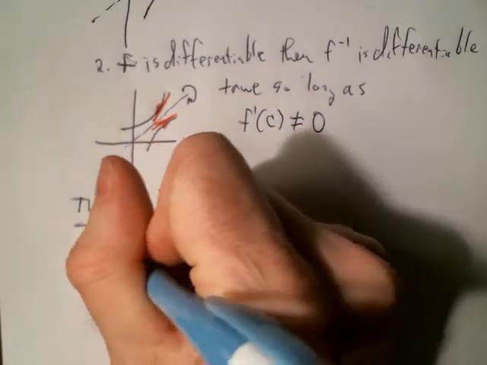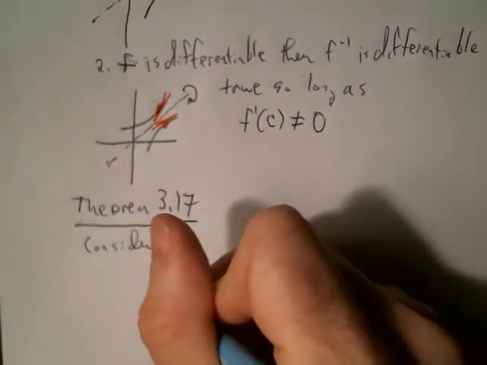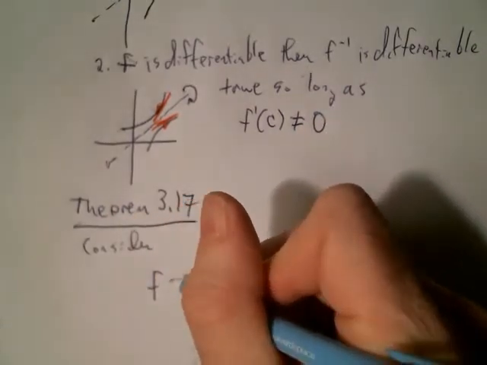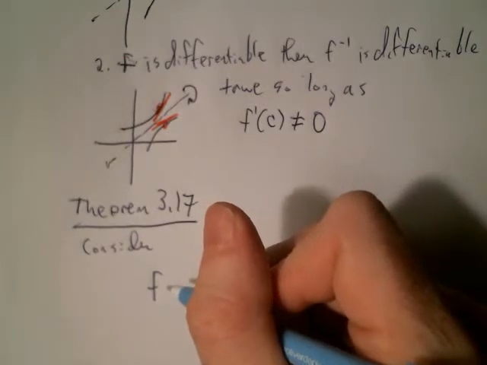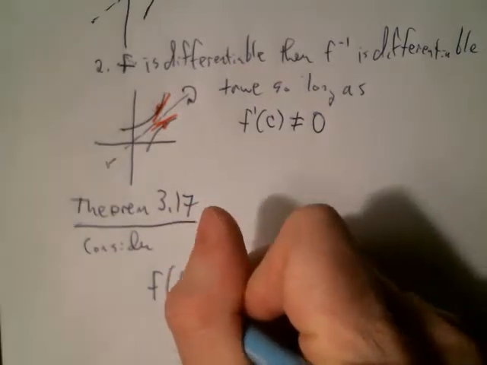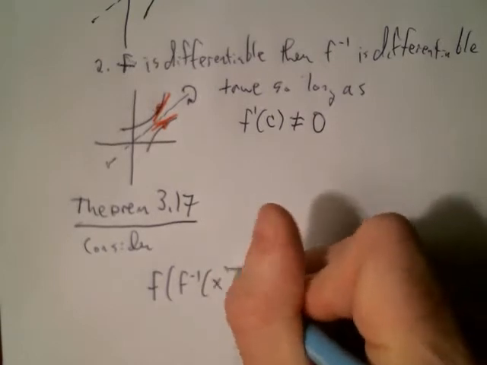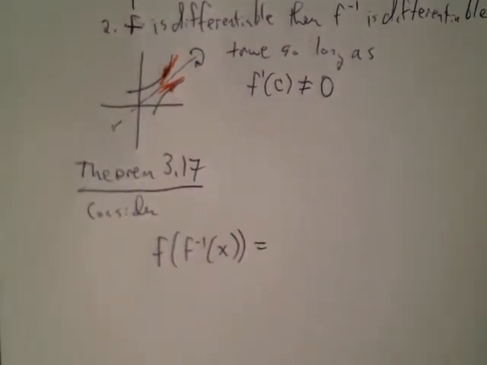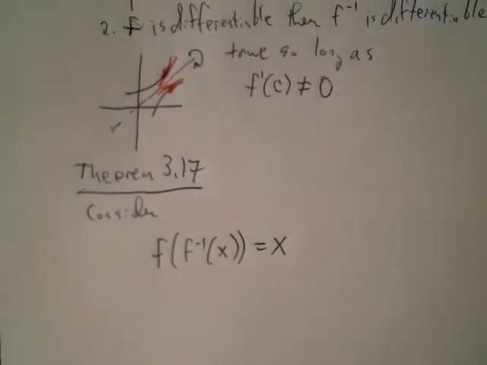Consider the following composition: f of f inverse of x. If you do this composition with inverse functions, you end up just getting x right back.